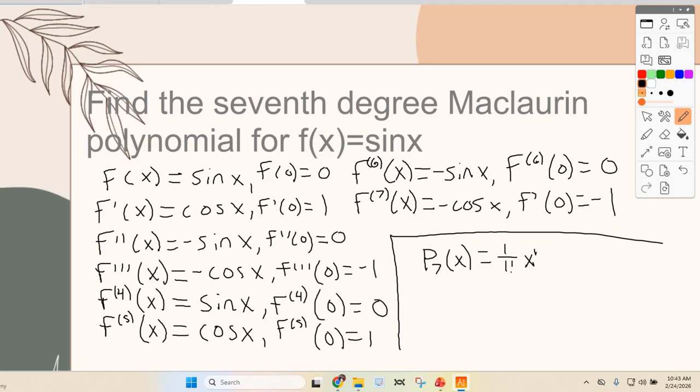Then what's going to happen to our next term though? My second derivative is what? Oh, it will also go 0, right? So it'll go away. So then I'm looking at my third derivative. So I have plus, it's -1 divided by 3 factorial times x cubed.